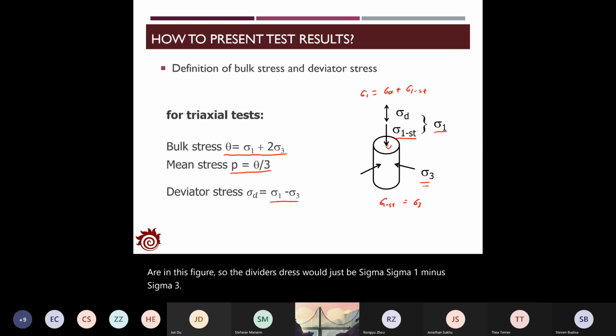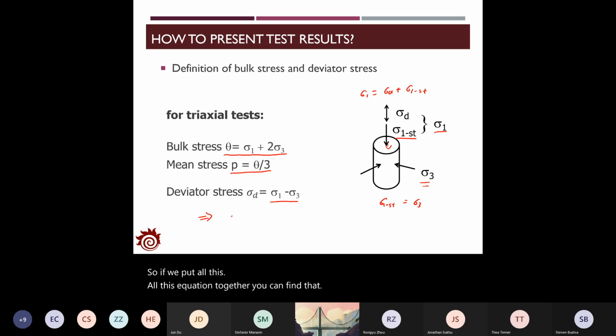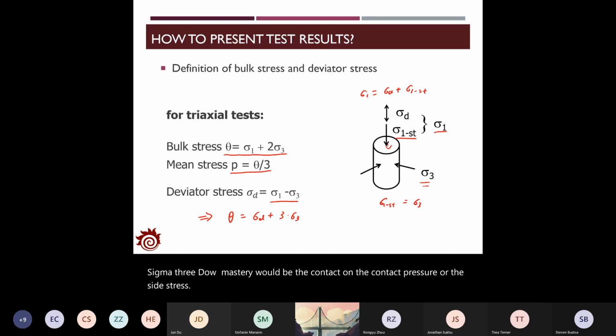If you put all these equations together, you can find that the bulk stress theta equals sigma d plus 3 times sigma 3, where sigma 3 is the contact pressure or the side stress. So that's the stress applied to the sample during the MR test.